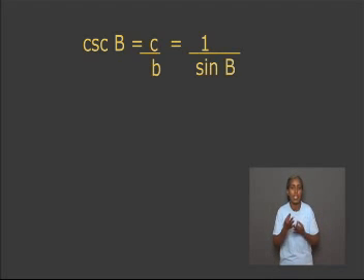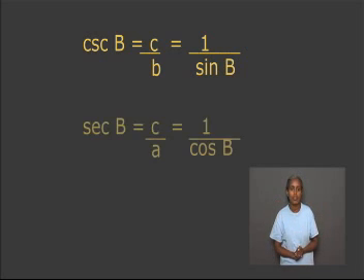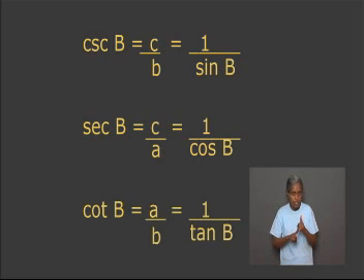This can also be expressed as 1 over the sine of B. The secant of angle B is C over A, or 1 over the cosine of B. Finally, the cotangent of angle B is found by A over B, or 1 over the tangent of B. Now that you are comfortable with these functions, students, let us try another activity.